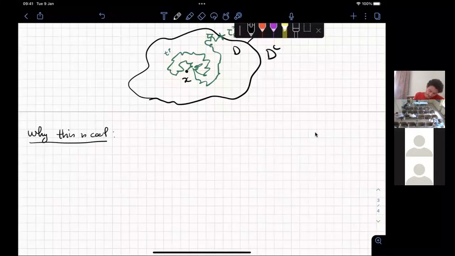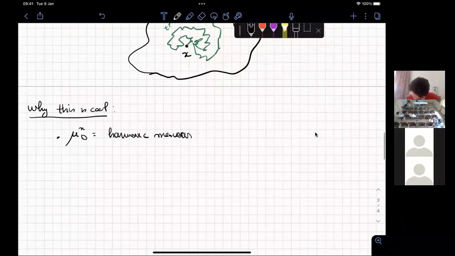So let's define mu_x^D, the harmonic measure, like this.